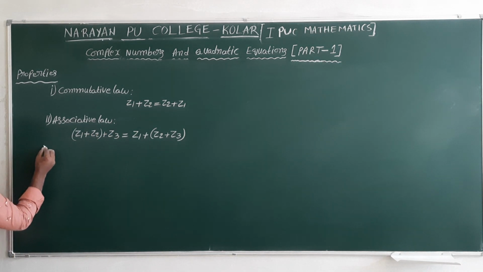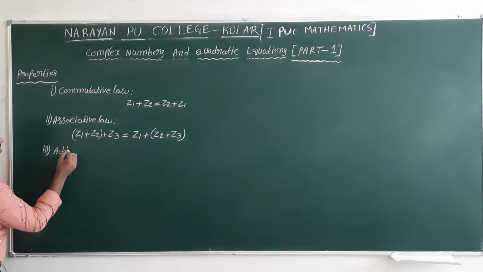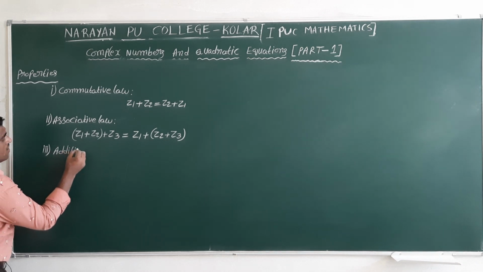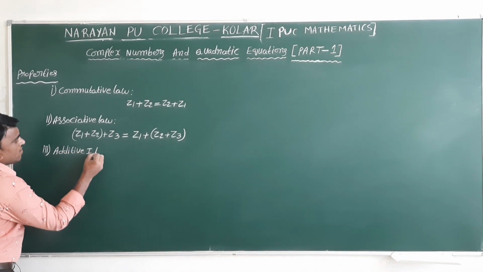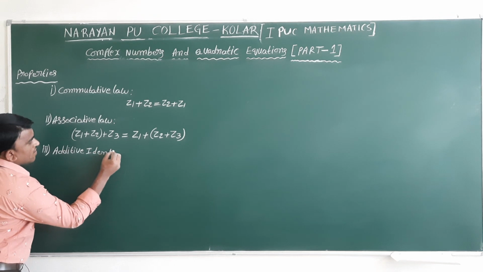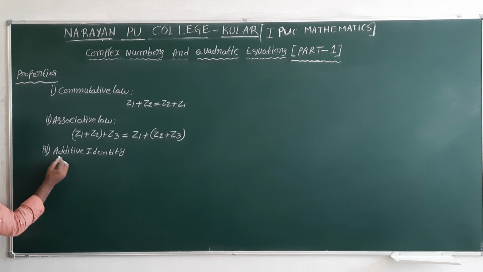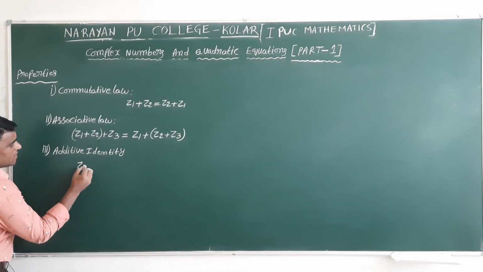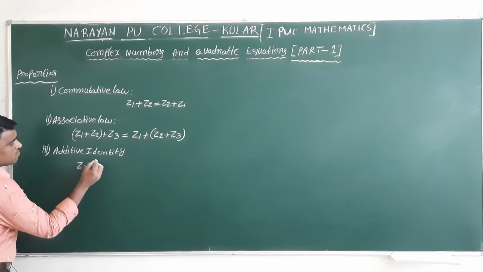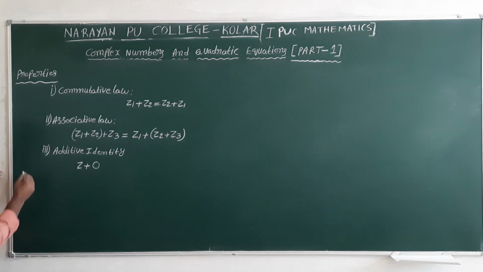Next, the third one, additive identity. Z + O, where O is nothing but the zero complex number, 0 + i into 0.